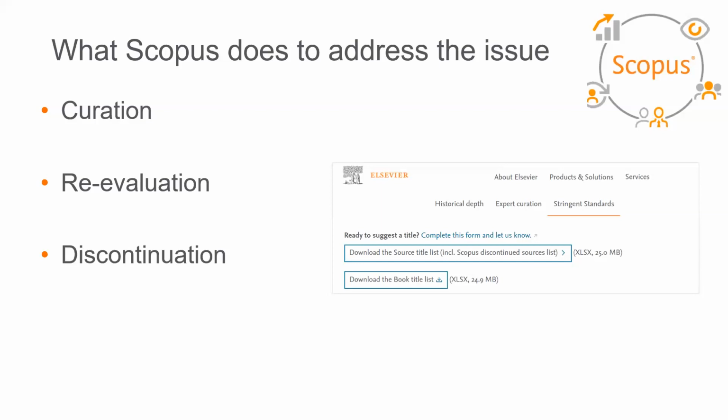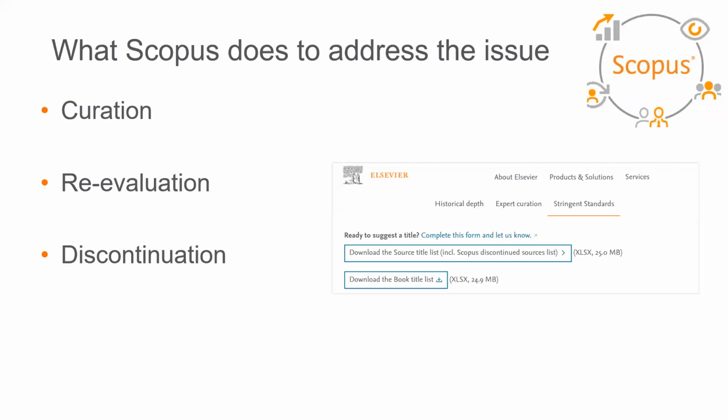It's where there was an investigation and the journal was discontinued. So this list is available in Scopus under sources, as an Excel list that can be downloaded, as well as on the Scopus support page or the corporate page.